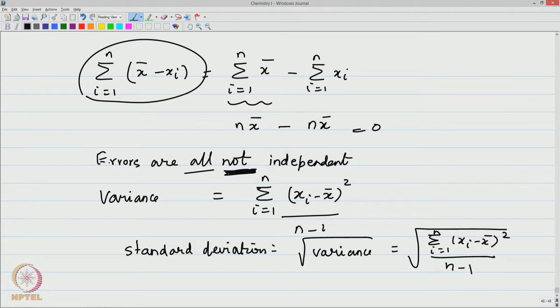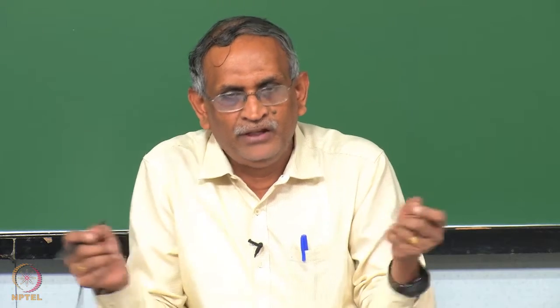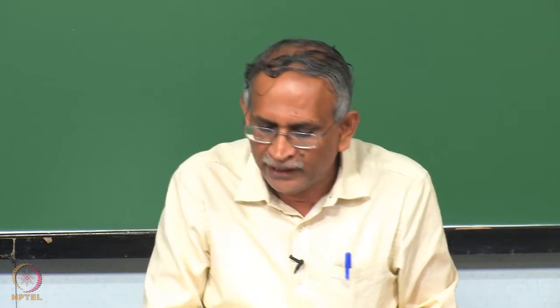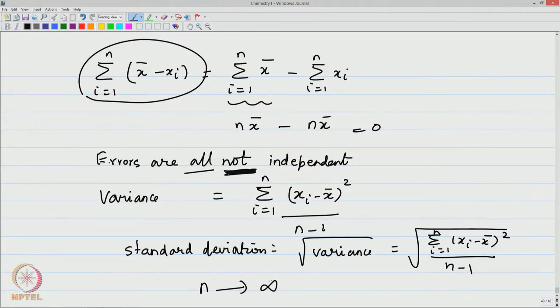In the limit of doing this experiment many times, as n increases to a very large value, you can see that we are approaching the true average, and if we assume that we finally get the true average, then all the errors are independent of each other, and therefore, the degree of freedom of that system is that very large value of n, which is technically n going to infinity.